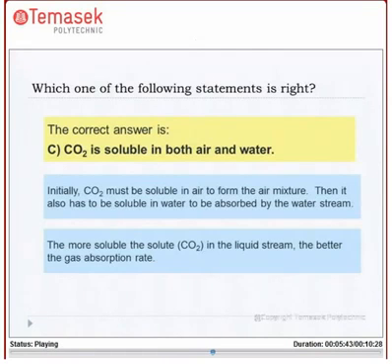The answer is C. Carbon dioxide is soluble in both air and water. The initial carbon dioxide is soluble in air to form the initial gas mixture. It must also be soluble in water so that the carbon dioxide can be absorbed into the water stream. The more soluble the carbon dioxide is in the liquid, the better the gas absorption rate.